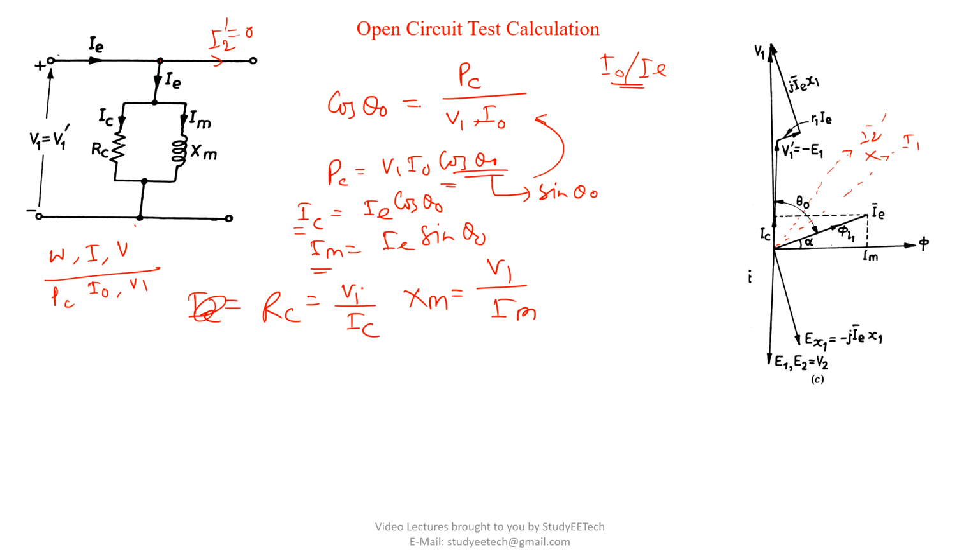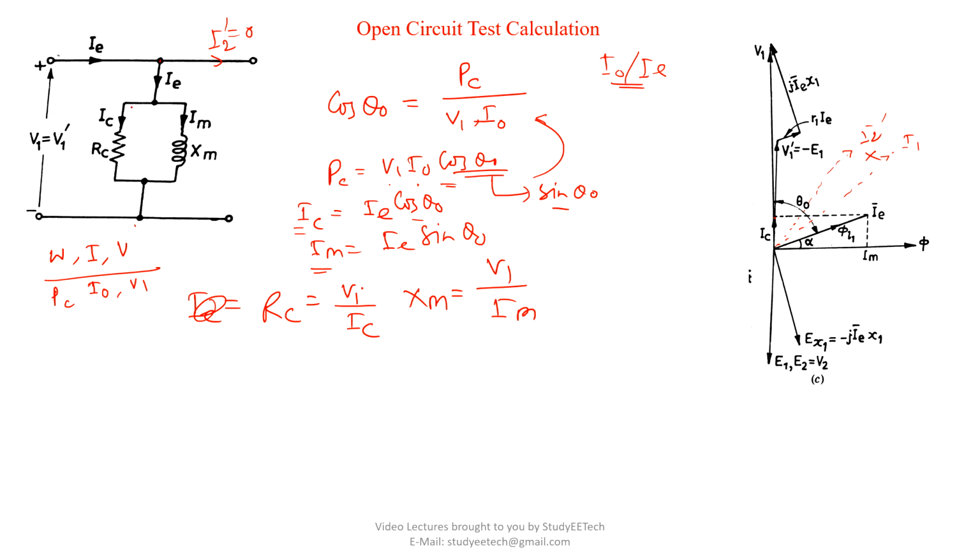So what we did, we know that the power loss equals V1 I0 cos theta 0. From here we calculated cos theta 0, and from there we calculated sin theta 0. From the phasor diagram, now we know that theta 0 is known to you and IE is known to you. You can calculate IC, which is nothing but the cos component of IE, and IM, which is nothing but the sin component of IE.